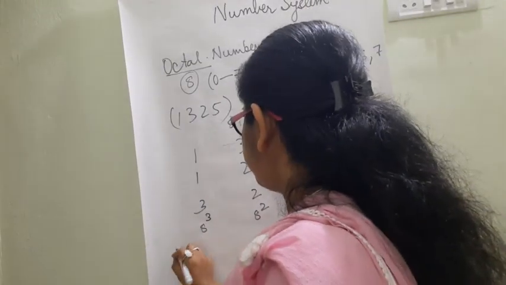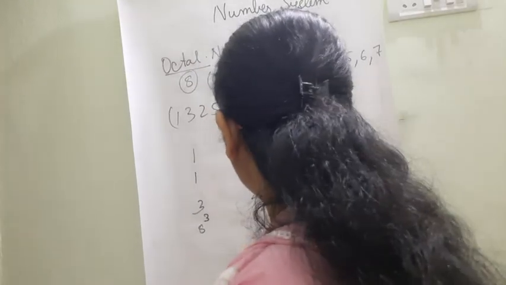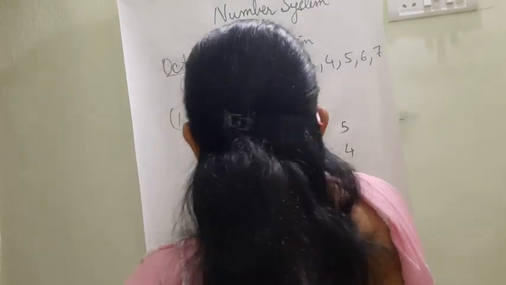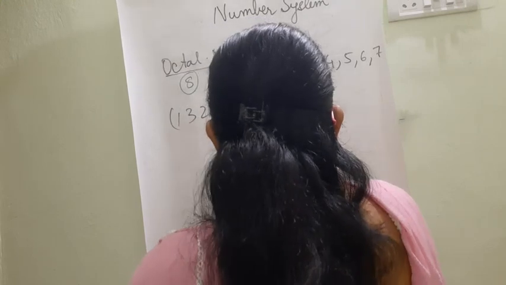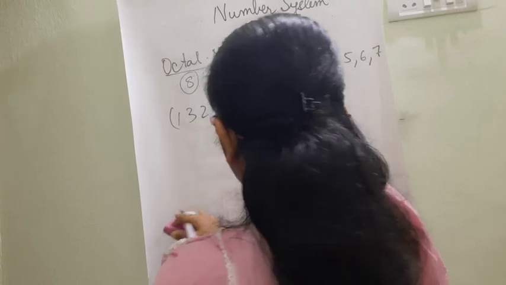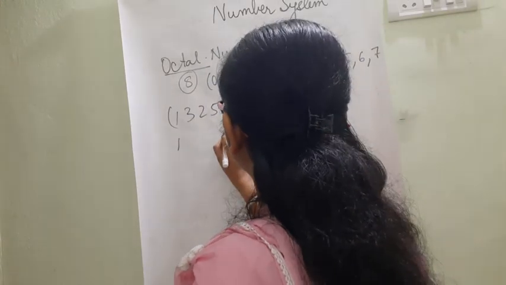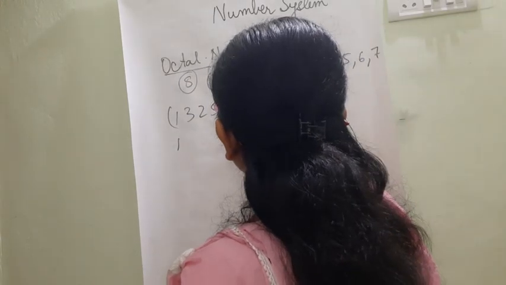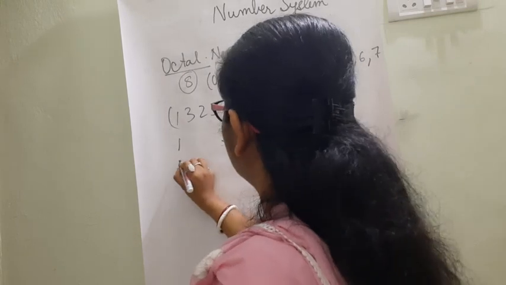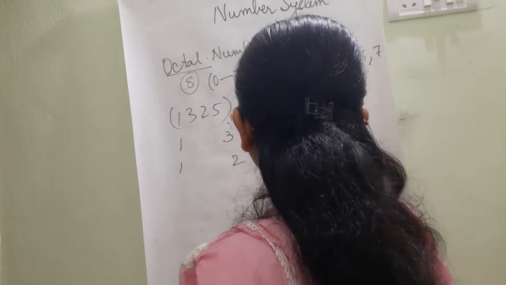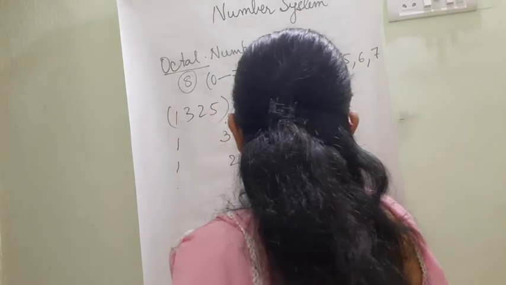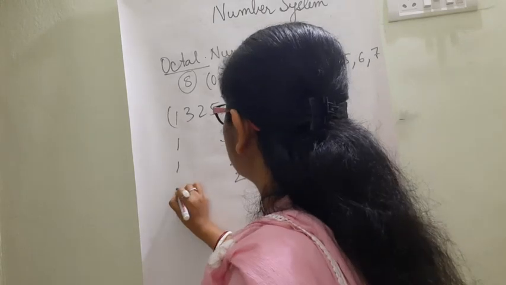Let me explain again this. 1, 3, 2, 5. Positions 0, 1, 2, 3.